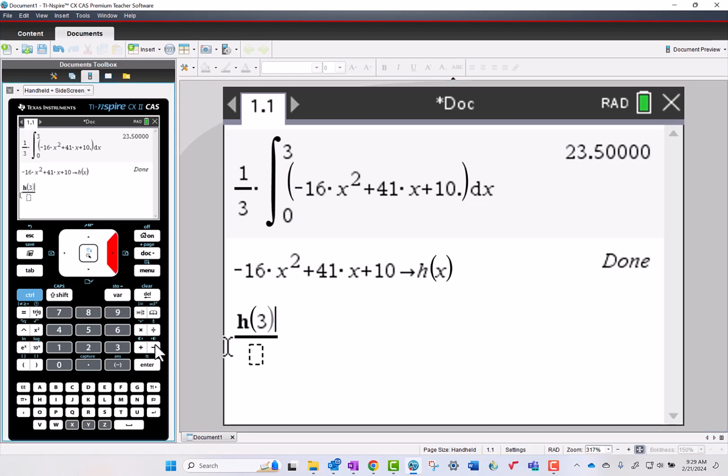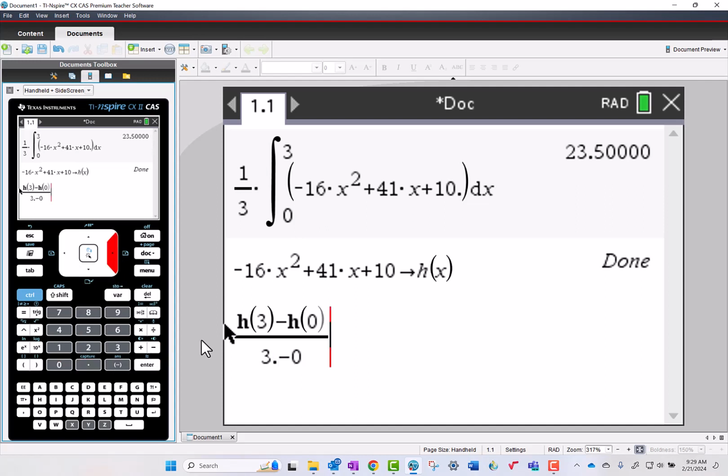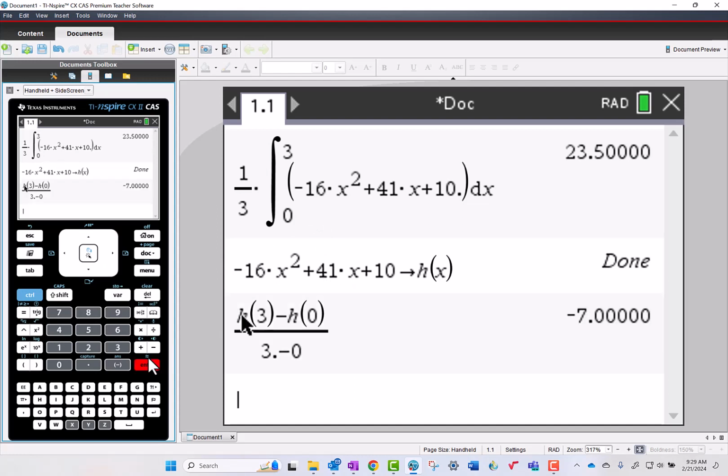And then minus h of 0 over 3 minus 0. And I want it to be a decimal, so I'm going to put parentheses around 3 minus 0. That's going to be way easier than me sticking a 3 in here and then getting that number and then sticking a 0. You with me? I'm letting the calculator do all the work for me. And so it's negative 7.